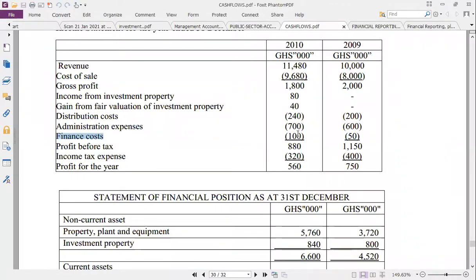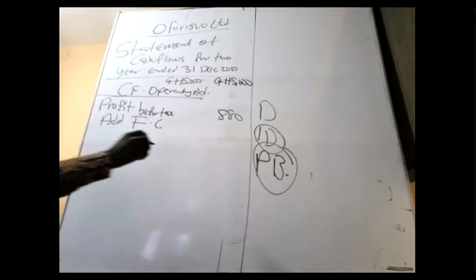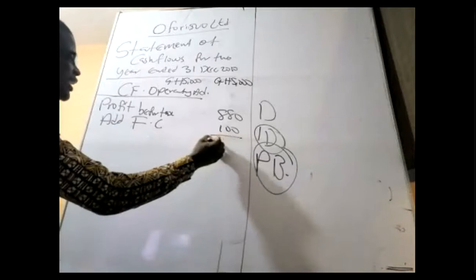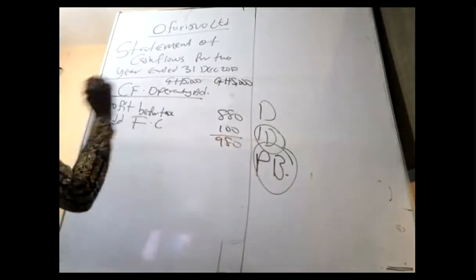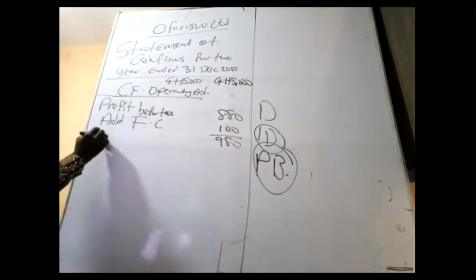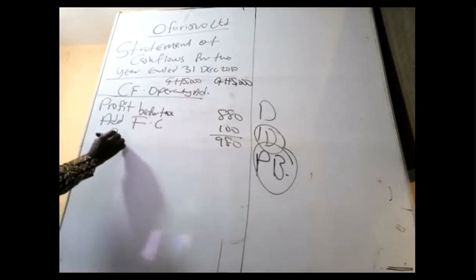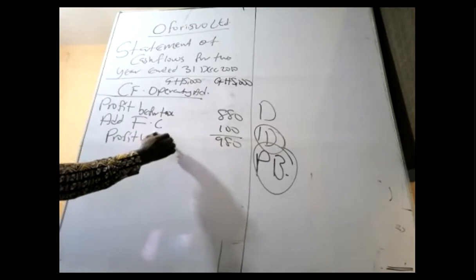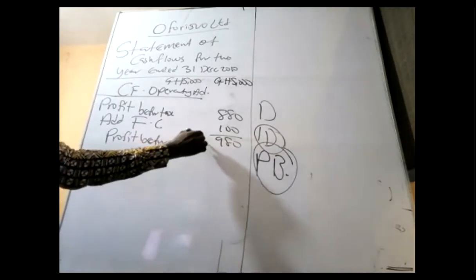We are picking items in the current year, not 2009. Finance cost is 100. Immediately add it to it. So I'm adding finance cost 100. It will give us 980. Immediately call it profit before interest and tax. This is profit before interest and tax.